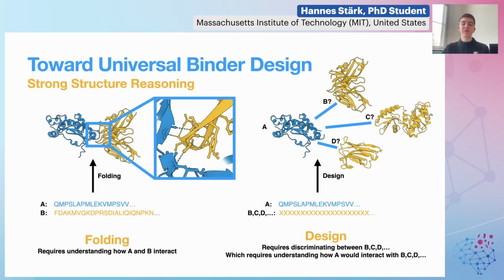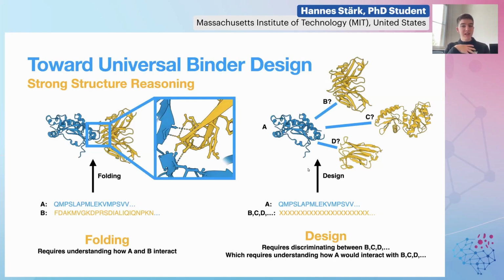All right, then I will now dive into point number one and make this very explicit. Why do we want strong structural reasoning? Well, if we're doing design, then this task means that we have a target A, and now we want to design the binder B, C, D, and choose out of these infinitely many possibilities what the binder could be. Choosing out of these possibilities means discriminating between them. We need to discriminate between B, C, or D, and so on, to find the most favorable binders.